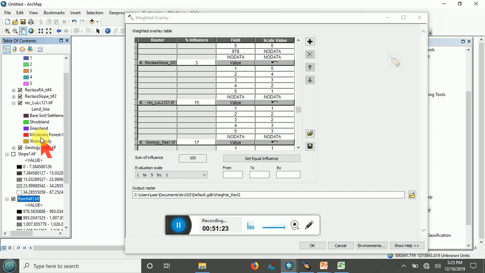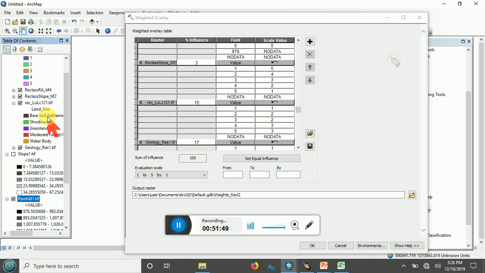And similarly, forests are also important because they give water time to infiltrate, and grassland and shrubland maybe will have similar influence, and bare soil will have less importance because all the water which comes from rainfall maybe will be converted into runoff, because there is no plantation in that area.